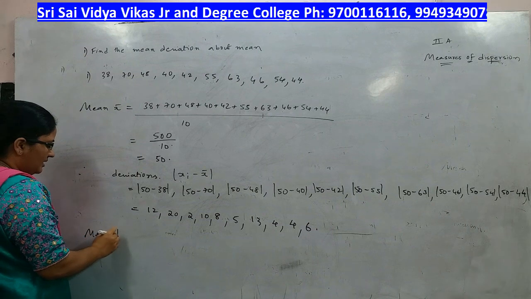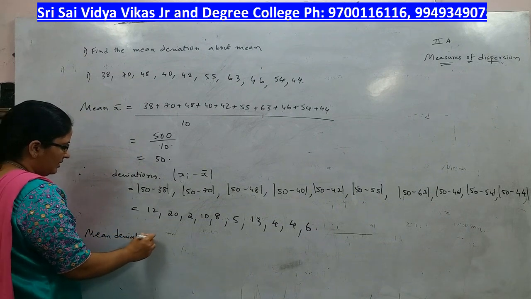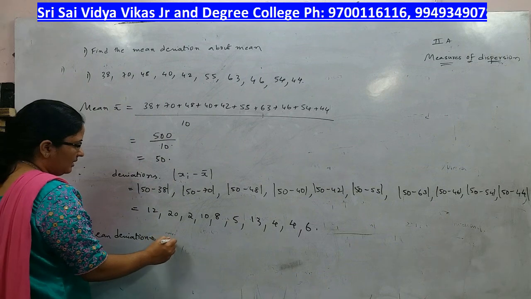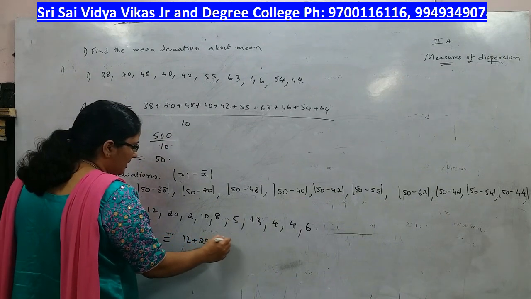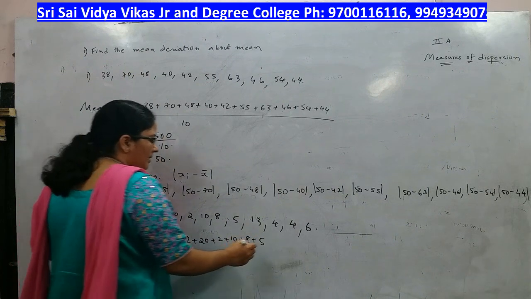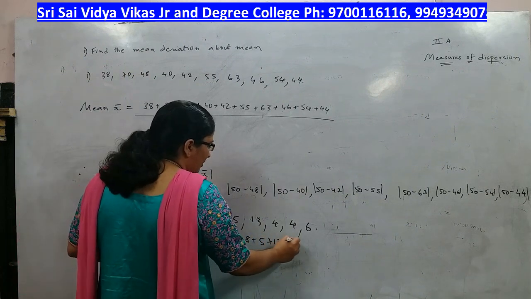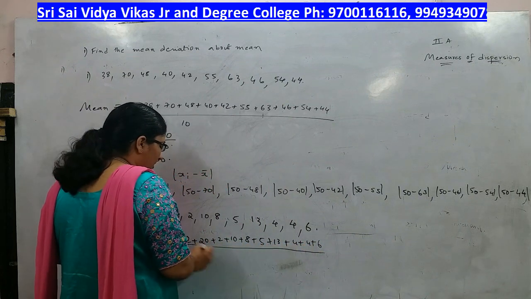Mean of deviations is nothing but 12 plus 20 plus 2 plus 10 plus 8 plus 5 plus 13 plus 4 plus 4 plus 6 by 10.